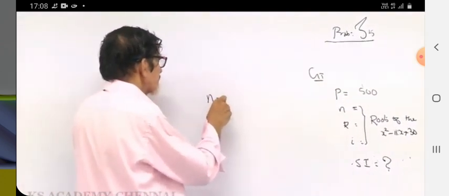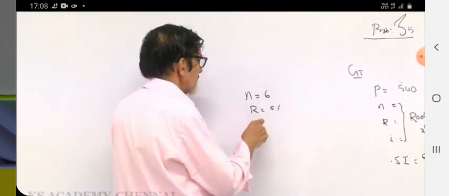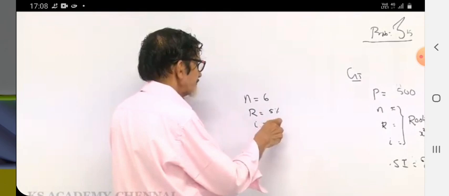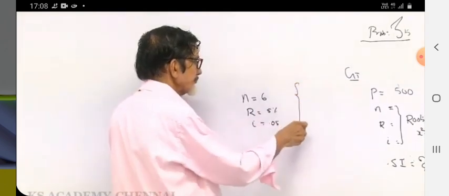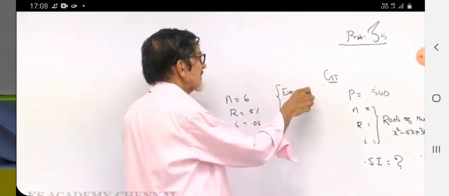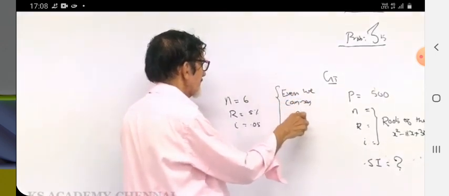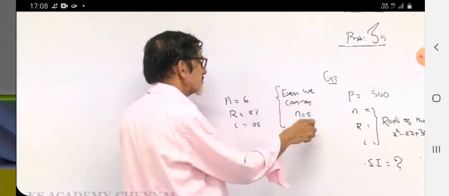N is equal to 6, R is equal to 5%, I is equal to 0.05. Even we can say N is equal to 5, R is equal to 6%.